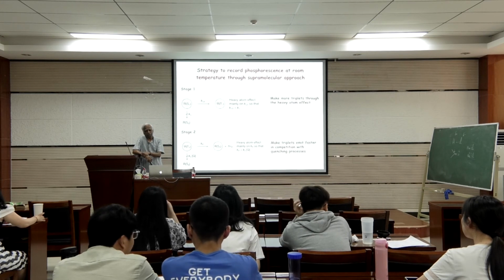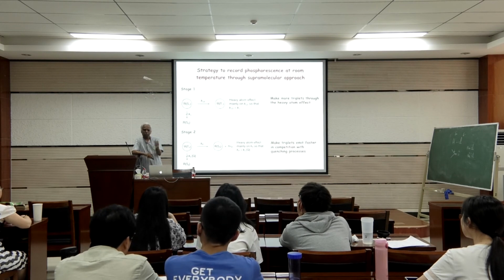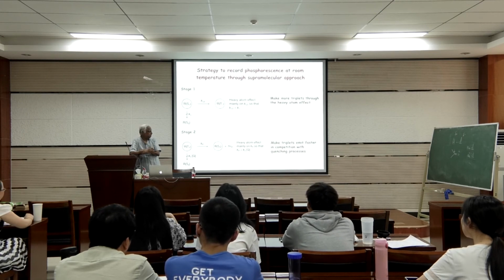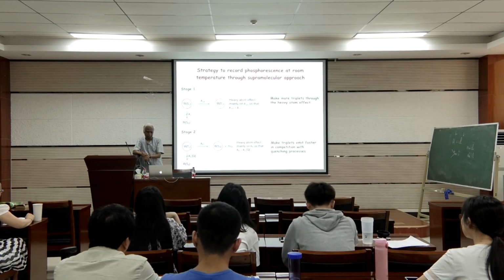So you have to make more triplets, and you have to make this rate constant higher than the quenching rate constant. All this, you have to achieve the two. If you achieve the two, you will see phosphorescence.